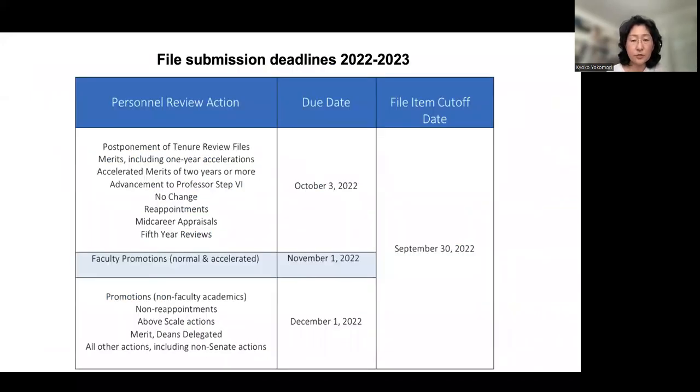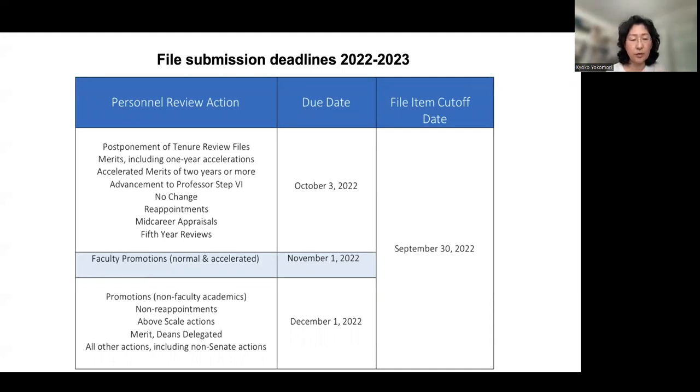And so I just wanted to bring up the deadlines. If you're going for promotions, normal or accelerated, November 1st is the deadline for file submission. And October 3rd is the deadline for most of the files, including MCA, 5th year review, and advancement to professor step 6, and also normal merits.